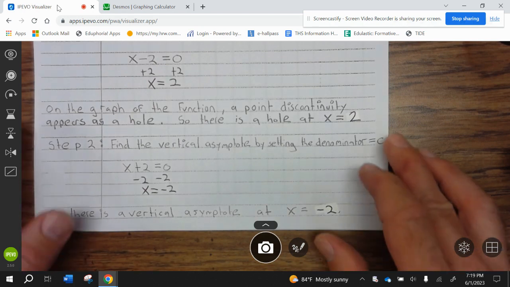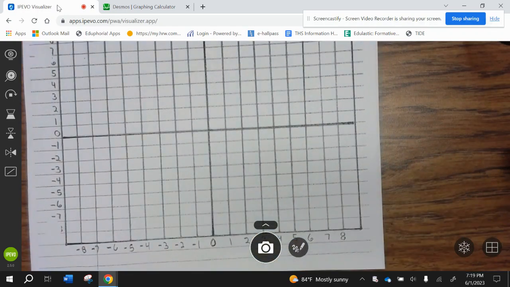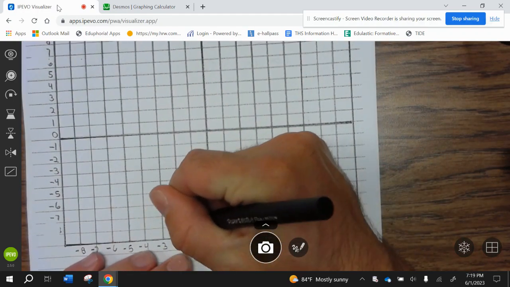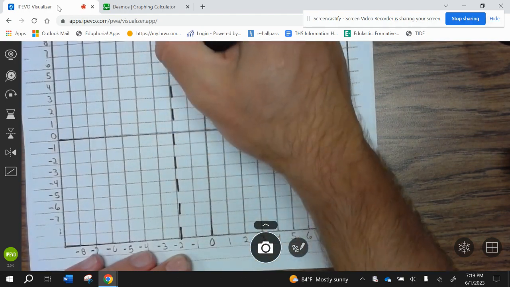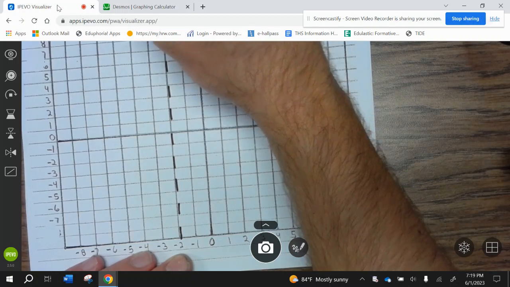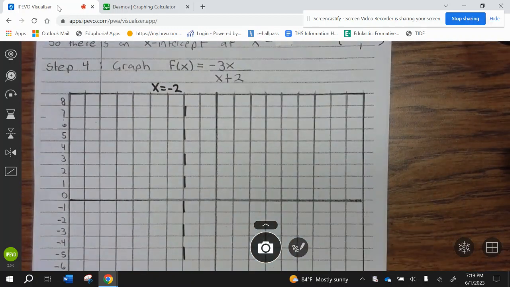Now, let's go ahead and graph x equals negative 2. Okay, so we have our asymptote at x equals negative 2.